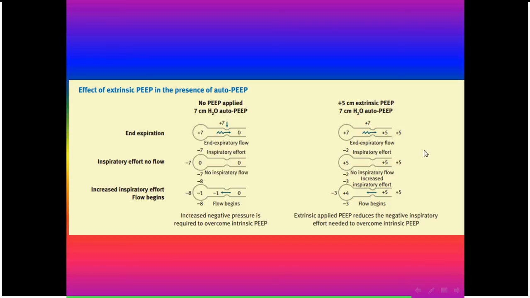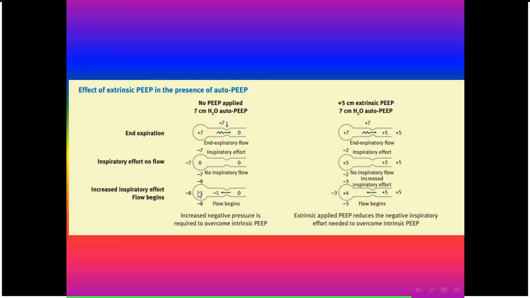This is large. If you put an extrinsic PEEP of 5, so the difference here, this is 7 in alveolar pressure, and this is 5 in the tubes. The patient has to make an effort of just 2 in order to reach the same pressure here. This is 5, 5, and make another 1, so this will be -3 in order to allow passage of air to make a difference, and air will flow from the bronchial tree to the alveoli.